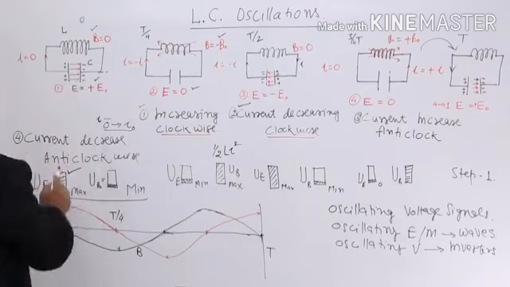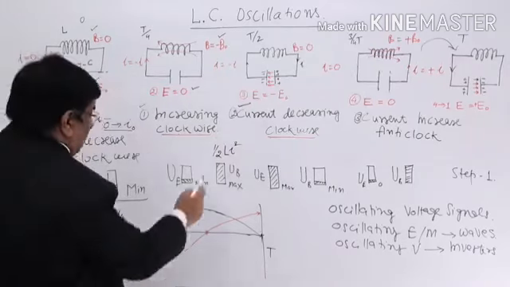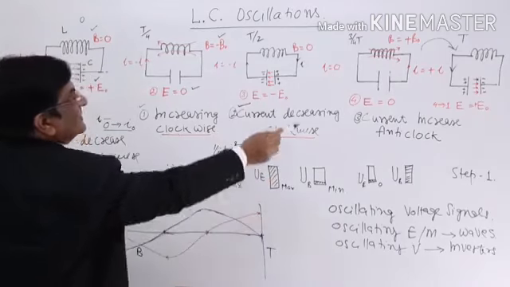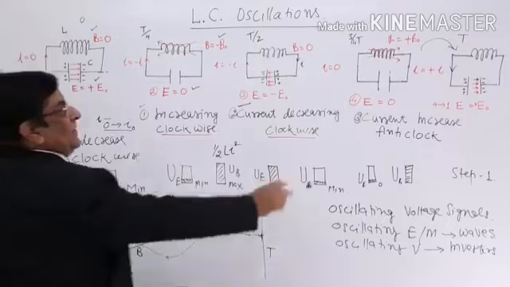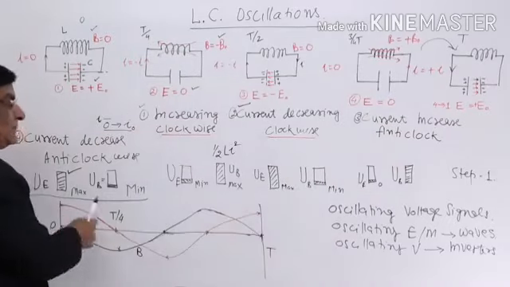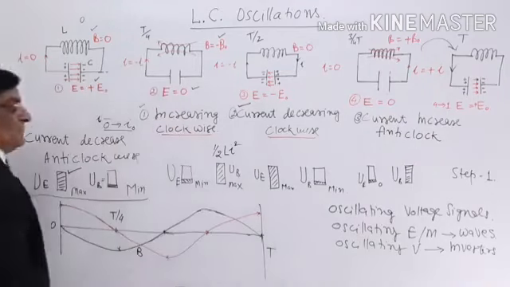Electric field maximum, 0, here again it is minus and again it is 0 and again it is plus. Electric field, this plus, which is again position number 1. It starts again, it starts from here, the second cycle.